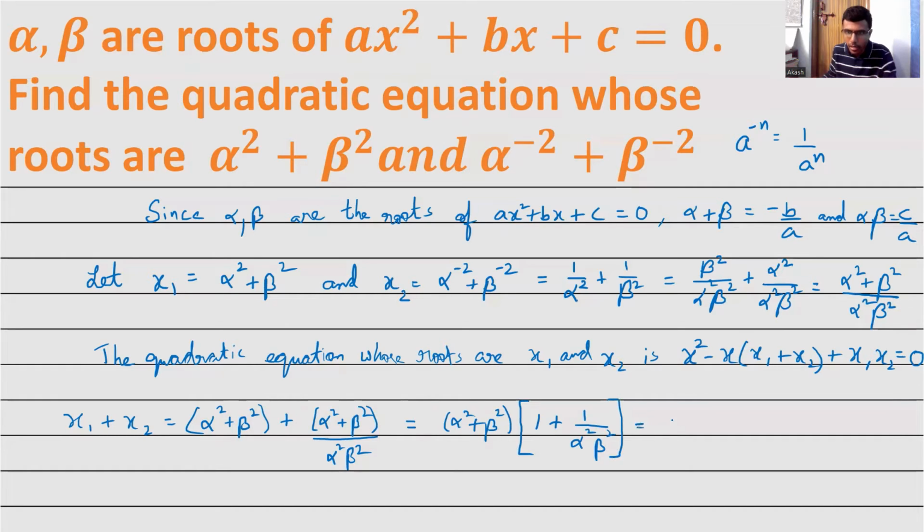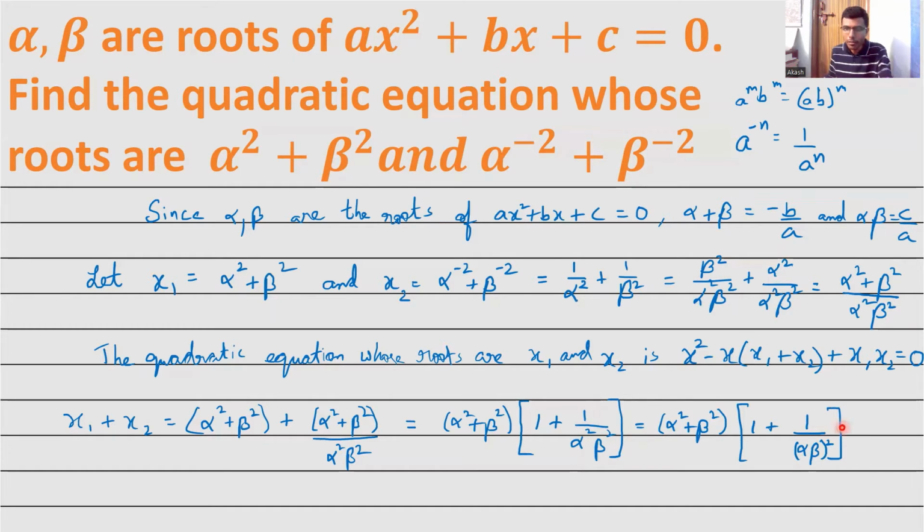Now there is another law from exponents which states that a power m b power m is nothing but ab whole power m. So alpha square beta square, I can write it as alpha beta whole square. So this would be nothing but alpha square plus beta square into 1 plus 1 by alpha beta whole square.